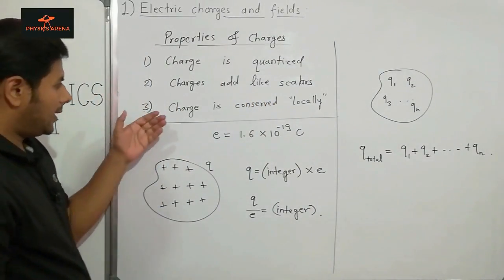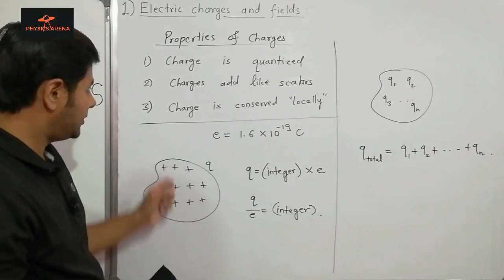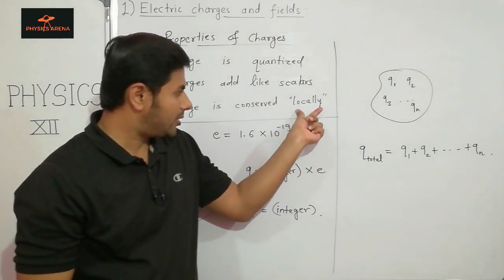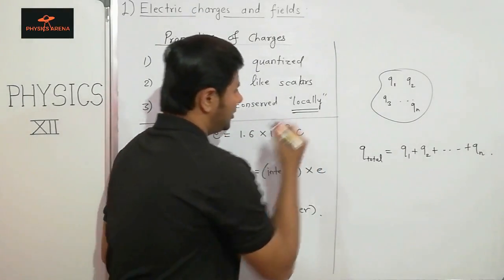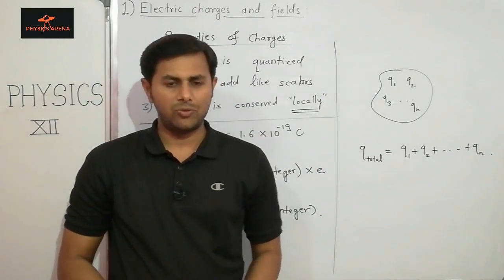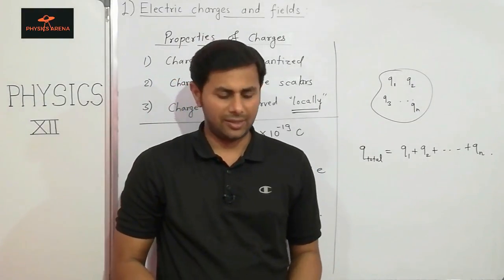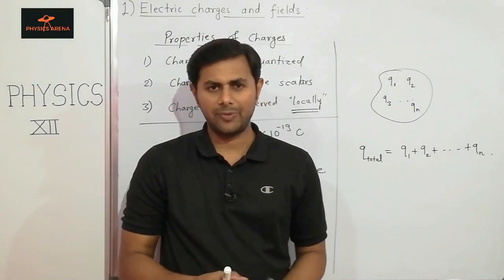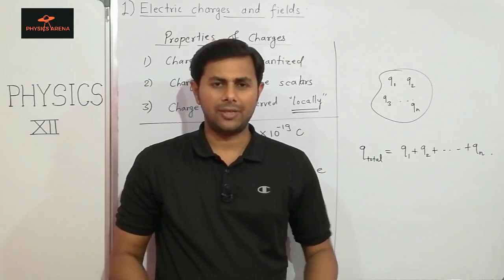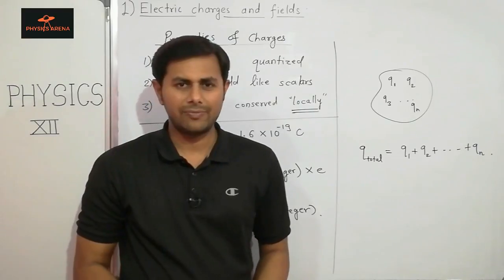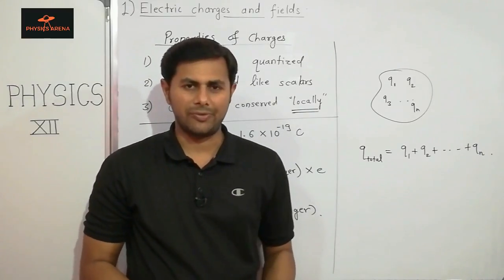Okay, and the next property is that charge is conserved locally. This word locally is very important. We are not interested in a condition where an electron disappears from here and appears somewhere on the moon. Charge is still conserved then, but there is no local conservation of charge.